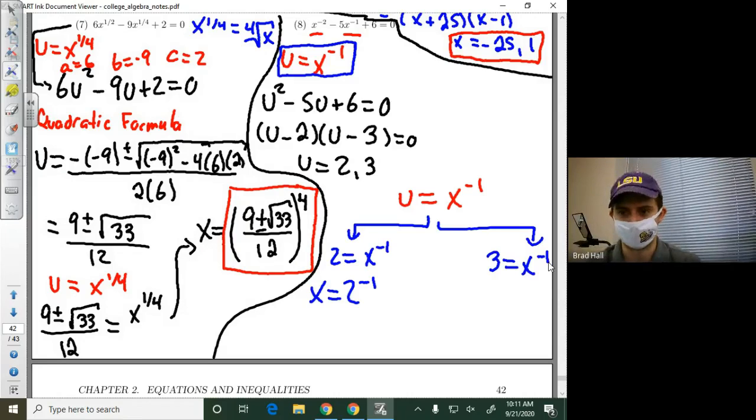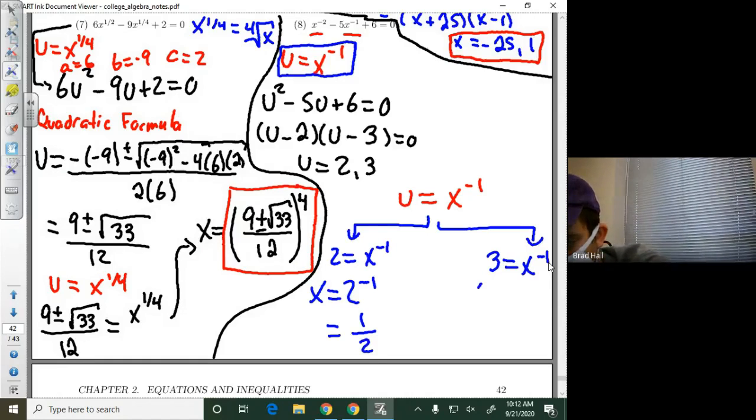Notice the 2 now has the negative 1 exponent. In other words, you raise both sides to the negative 1 power. Negative 1 power raised to a negative 1 power means you flip and then you flip again, which means they cancel each other out. So that's just 1/2.